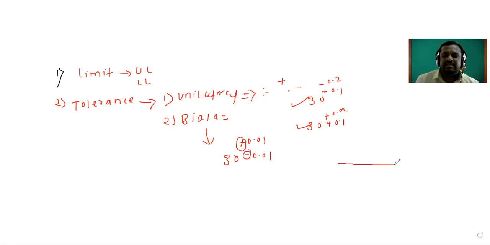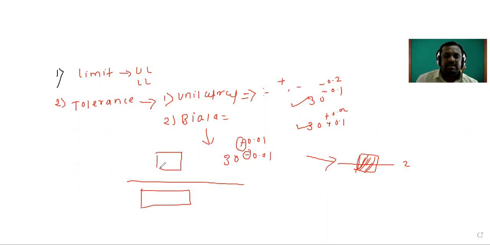So this is the zero line, and your tolerance zone will be like this. It is called bilateral tolerance. Unilateral tolerance is like this: either below the basic line or above the basic line. These are the simple unilateral and bilateral tolerances.